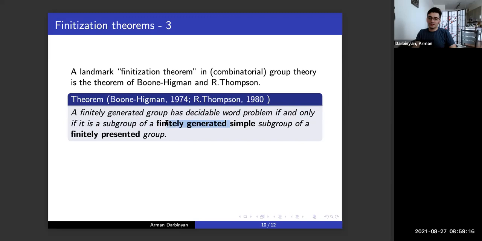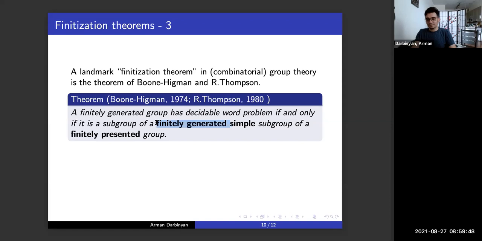The part that this simple group is finitely generated is the contribution of Richard Thompson, in a paper that gave the first applications of Thompson's group V. Basically, in his result, Thompson used in a quite prolific way the concepts that he defined, which then gave rise to the celebrated Thompson's groups. It's a family of groups.